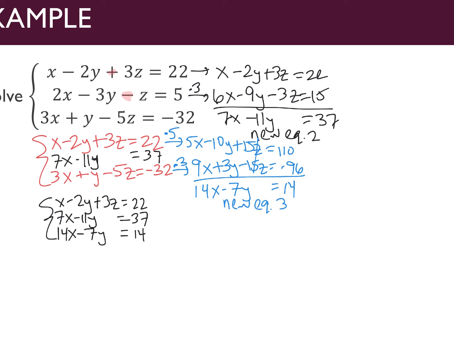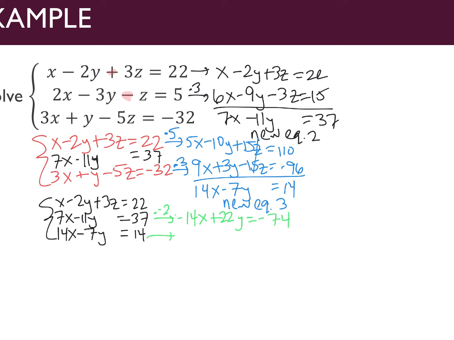So I'm going to multiply equation 2 by negative 2 so that the x's have opposite signs. Negative 14x plus 22y equals negative 74.